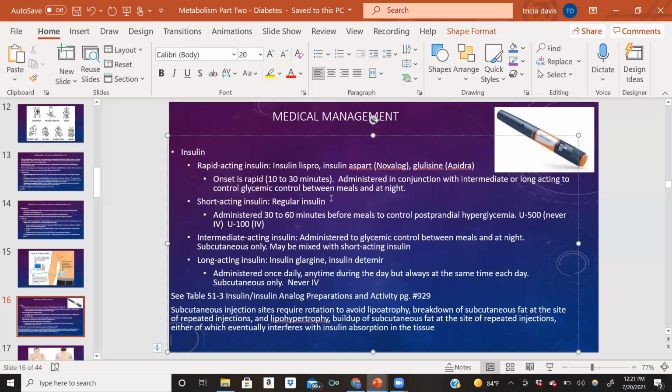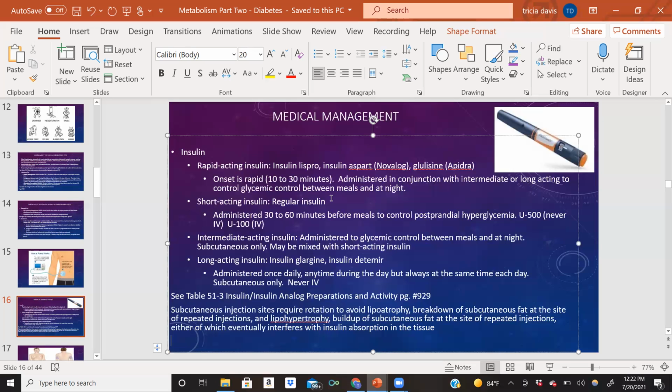Intermediate-acting insulin is administered to help glycemic control between meals and at night. So it's going to last a little bit longer. Subcutaneous only, and it can be mixed with that short-acting insulin. Then we have our long-acting insulin. This is our insulin glargine or our insulin detemir.